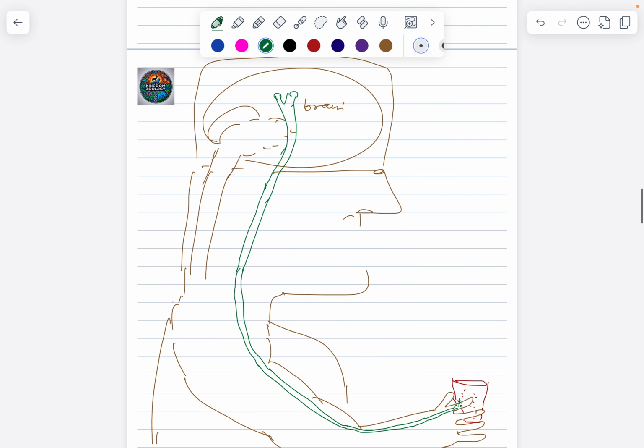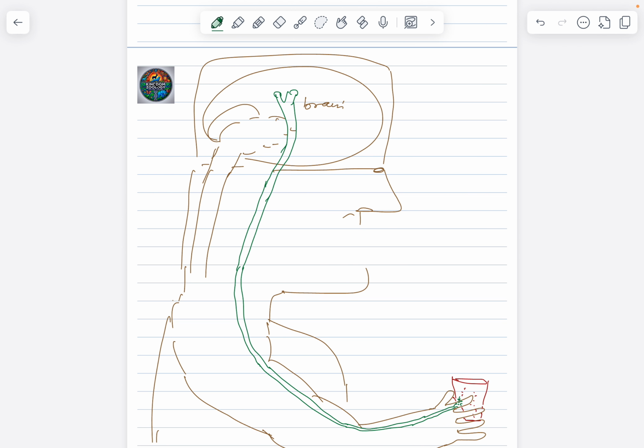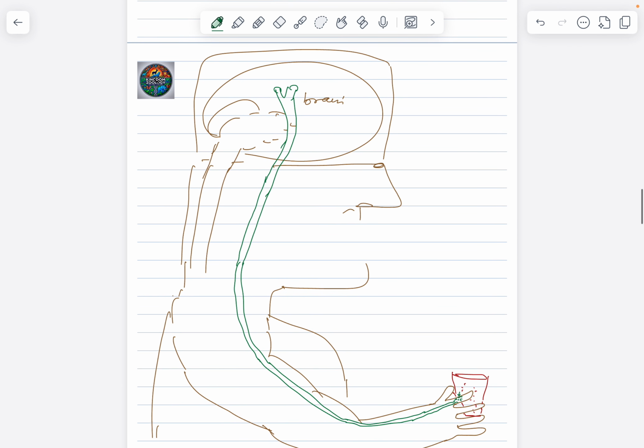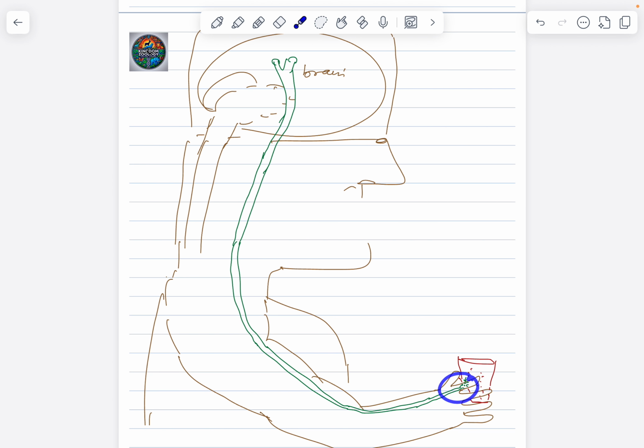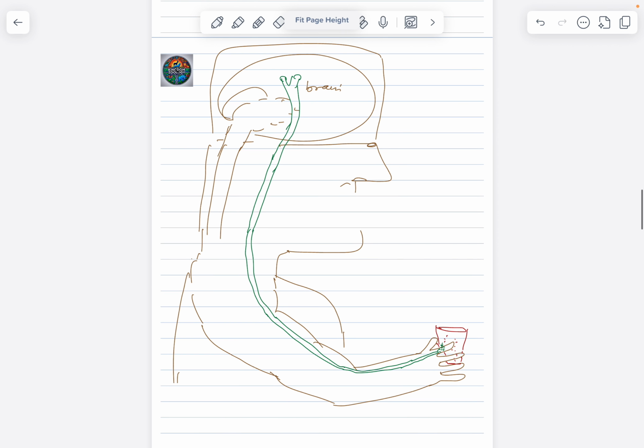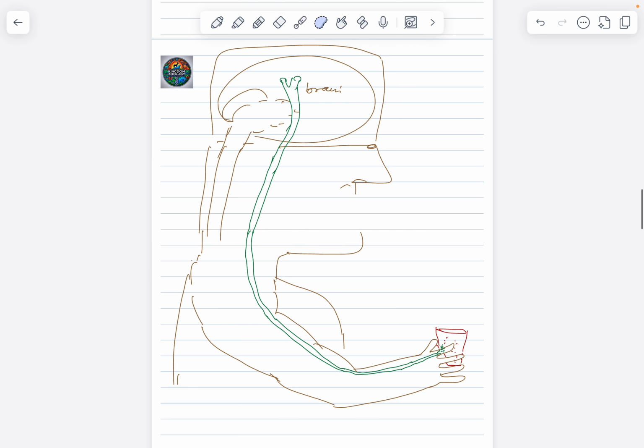So if you talk about an individual neuron, in this single neuron, which is this green neuron that I've drawn over here, which portions are sensory? Who is collecting the information? Dendron part. And who is transmitting the information to the brain? Axon part.